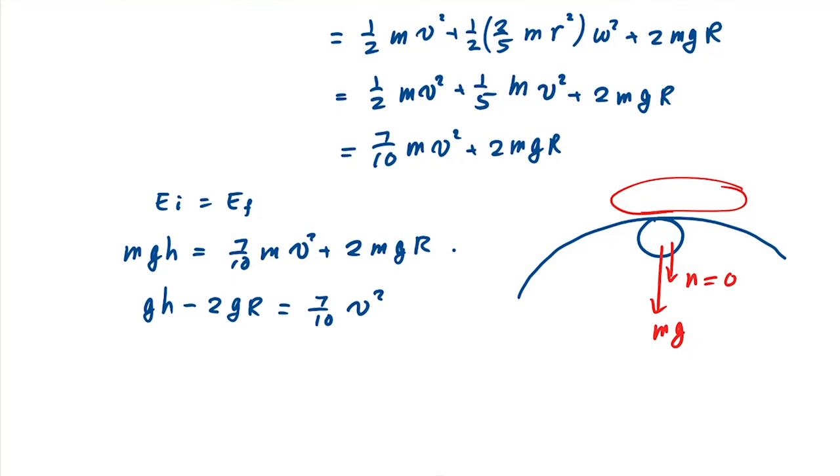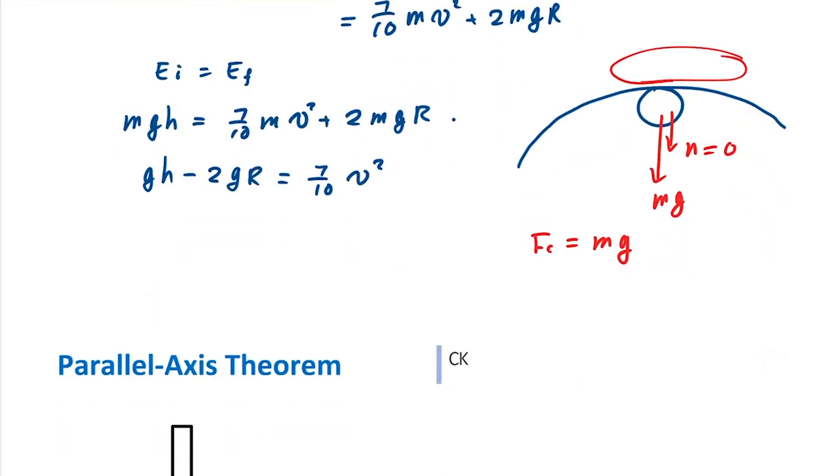If we don't have enough velocity, where the normal force is 0, so gravity alone will be the centripetal force. You get it? Otherwise, if it goes slower than that, then it's going to just fall, and we are not going to make the loop, right? So the situation then is our centripetal force has to be mg. That makes sense to you?